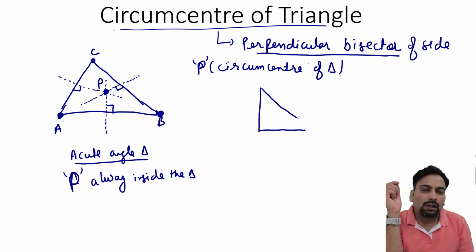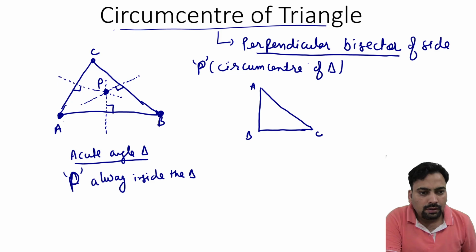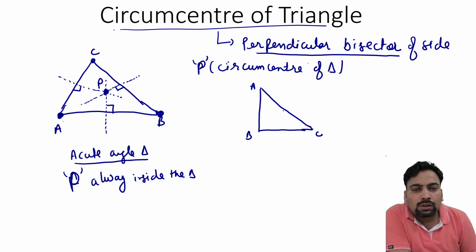We'll talk about the right angle triangle. So if these are the points A, B, C, in that case it may be outside or inside. For the right angle triangle, the circumcenter is on the hypotenuse.